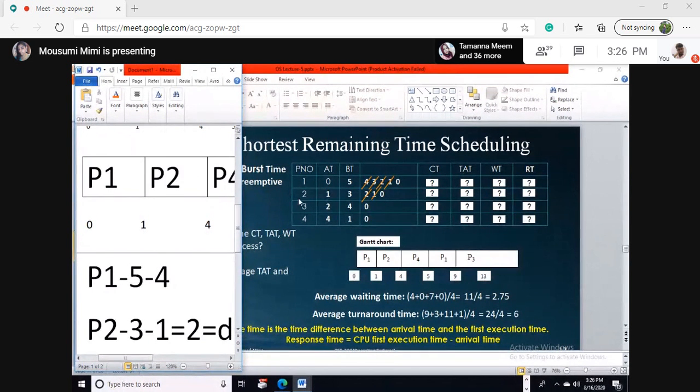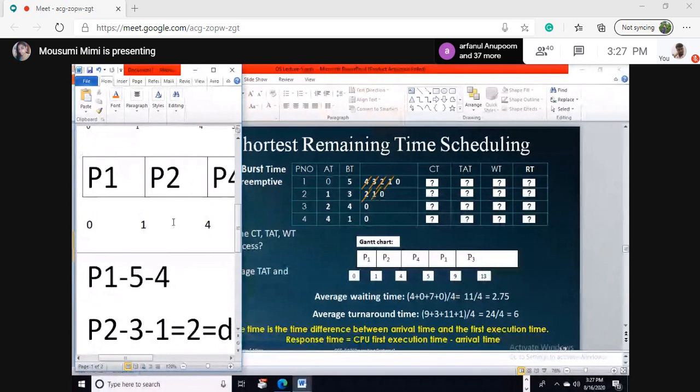After 1 second another process comes, that is process 2. Now look at the burst time of process 2, it is 3, and the remaining burst time for process 1 is 4. Which is smaller, 3 or 4? 3 is smaller. That's why I suspend process 1 and move to process 2.